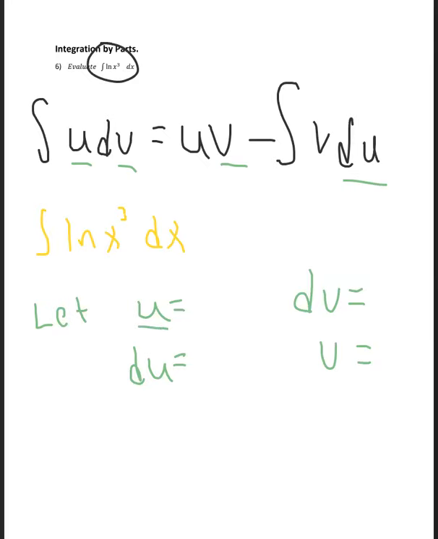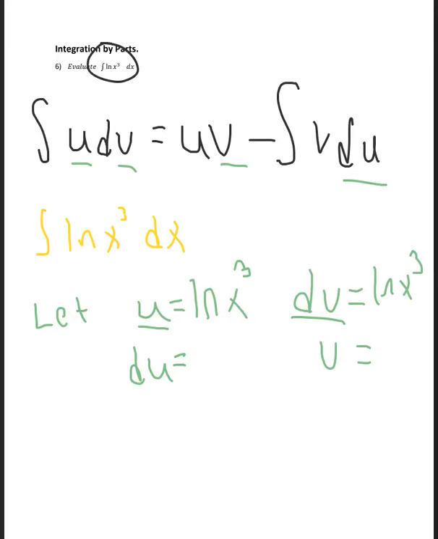I want to make sure that dv is an easy integral, because let's say that I put ln of x cubed as the dv. I have no idea how to integrate that because there's no formula for that. That's not easy. So it's kind of obvious to go for ln of x cubed as our u, because there is an easy formula for that.